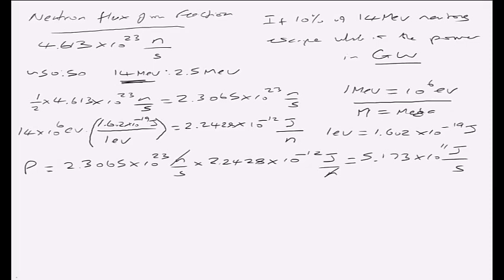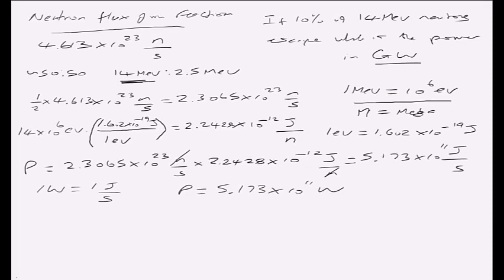And since we know that 1 watt equals 1 joule per second, because power is energy over time, we can write that the power is equal to 5.173 times 10 to the power of 11 watts.